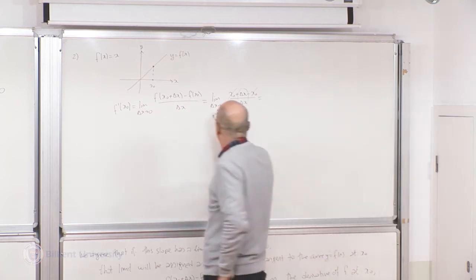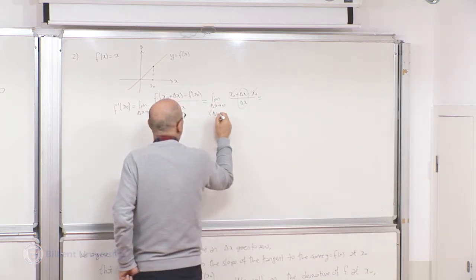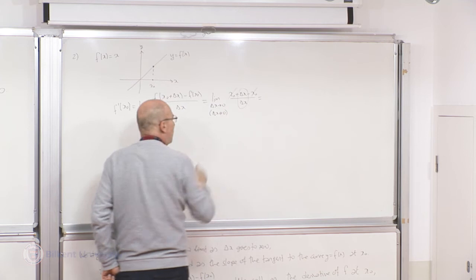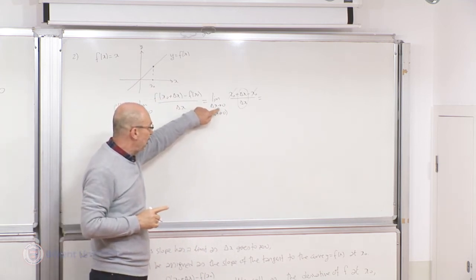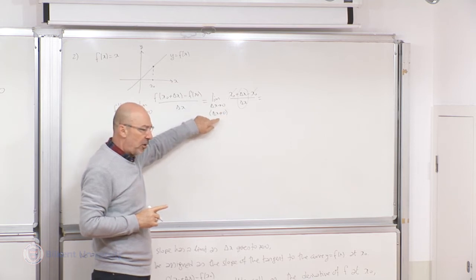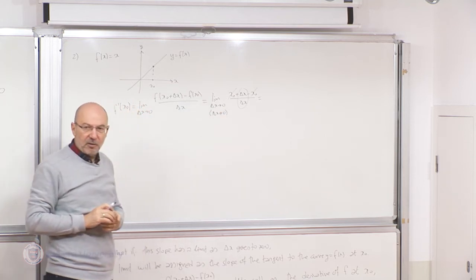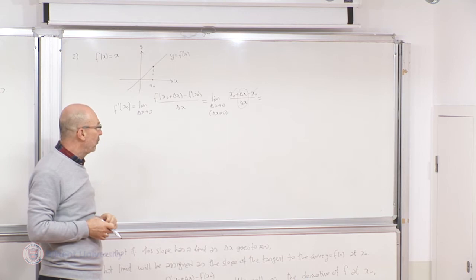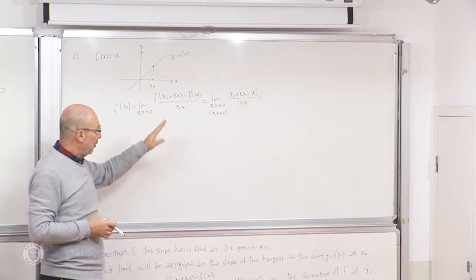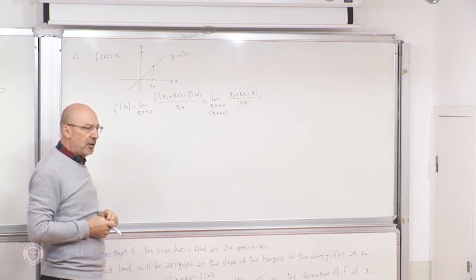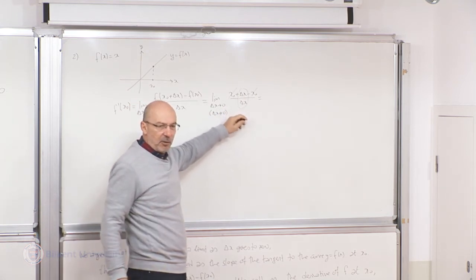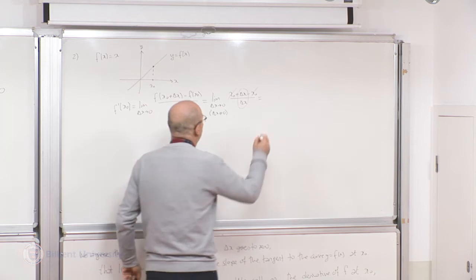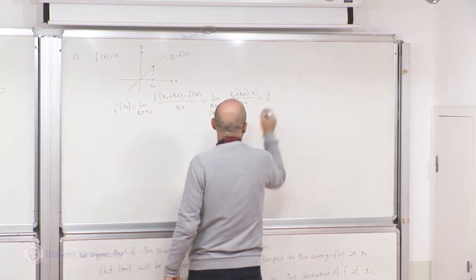Here I write this just to remind myself. This is not necessary. This is inside the definition. When the limit of delta x goes to 0, it means that delta x is different than 0. I'm just writing this to remind myself. In general, you don't write these things. So a non-zero number divided by a non-zero number, that makes sense. It is 1. Okay, so this is 1.